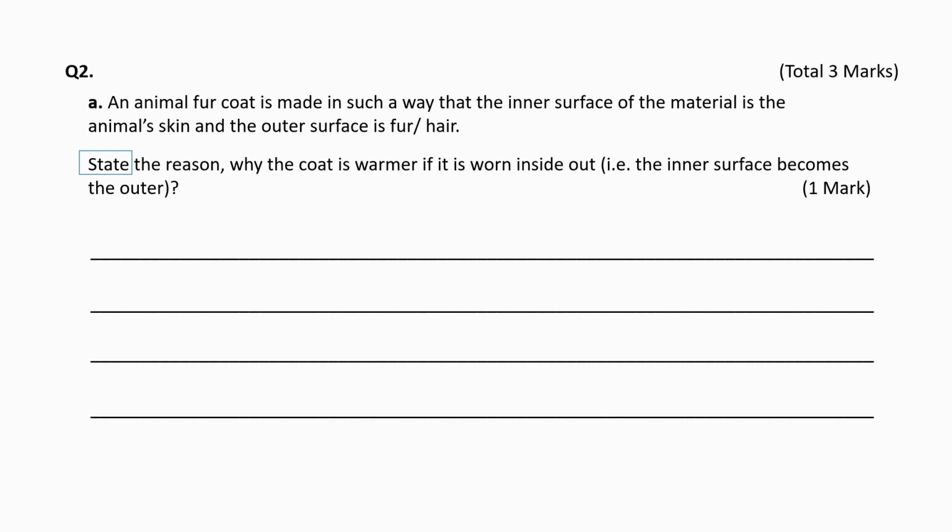Remember, the animal skin does not allow the air to travel through it. The fur will remain inside of the coat, so it will be trapping the hot air inside the coat.